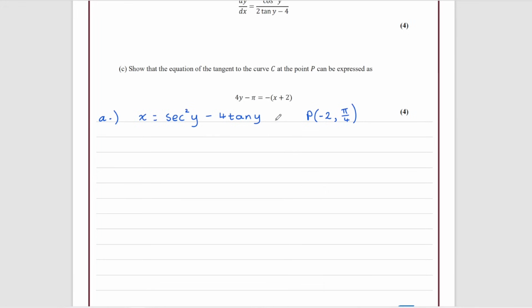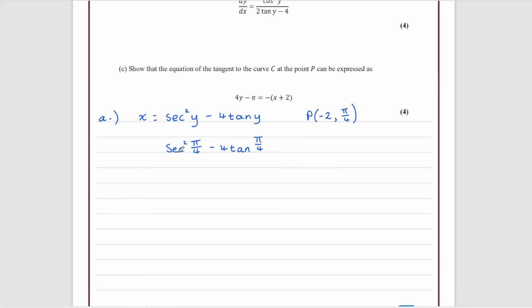The left-hand side should be equal to the right-hand side for this given point. So let's replace y with pi over 4, and hopefully we should find that the left-hand side is equal to -2. I've got sec squared pi over 4 minus 4 lots of tan pi over 4.